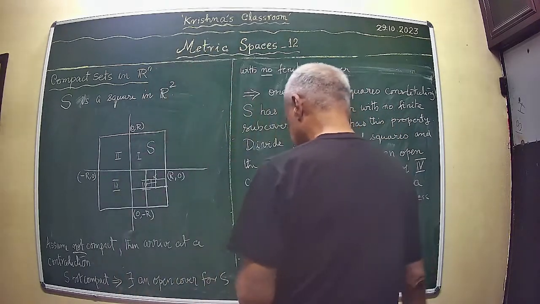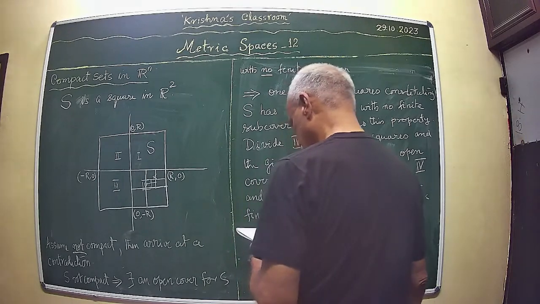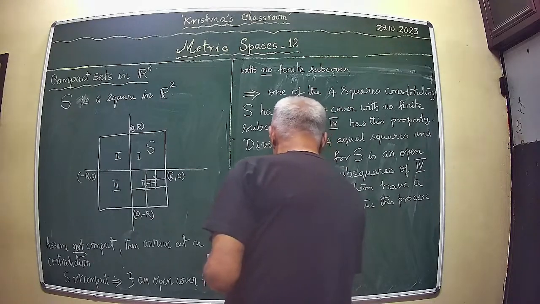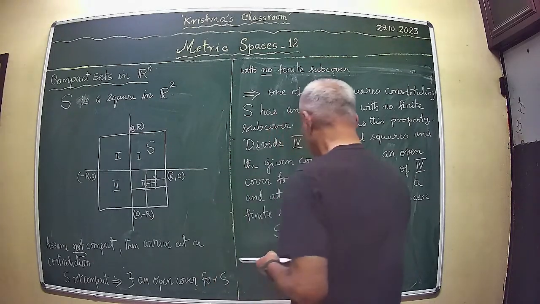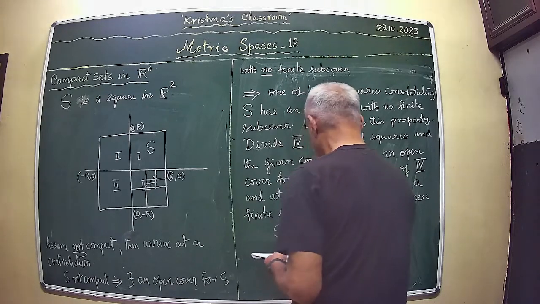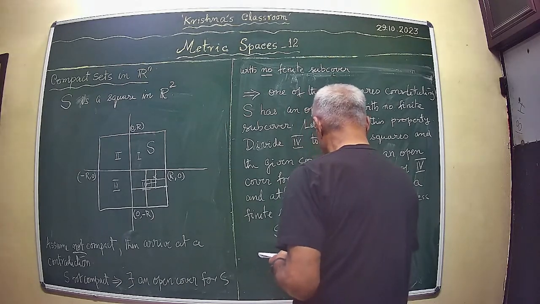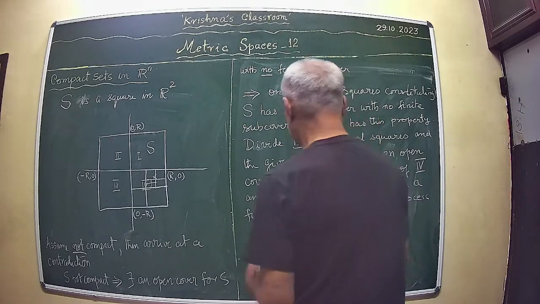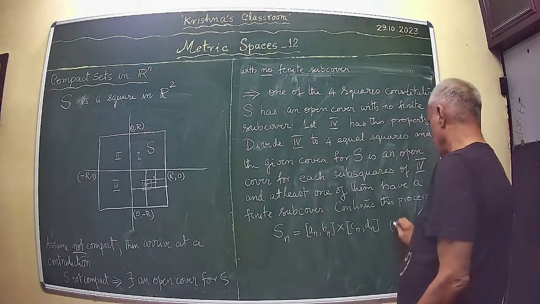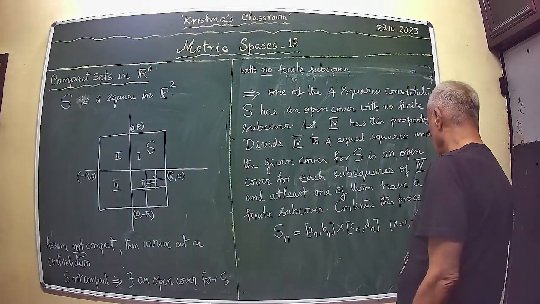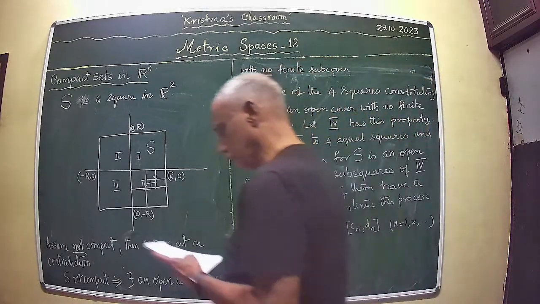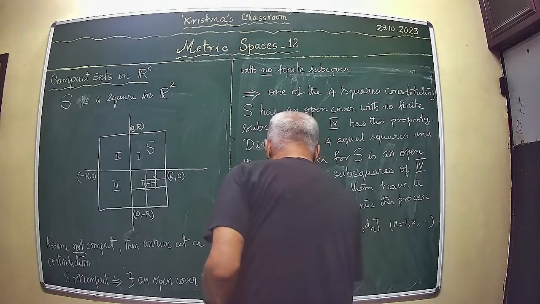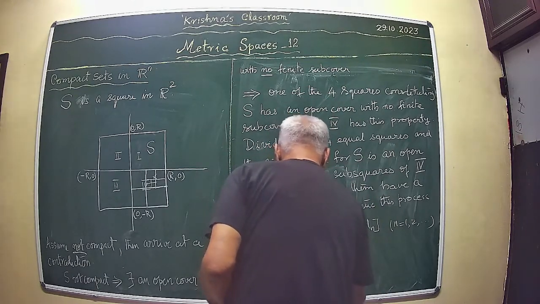Then we can get a, so let Sn be these squares. And what you have is that Sn plus 1 is contained in Sn.